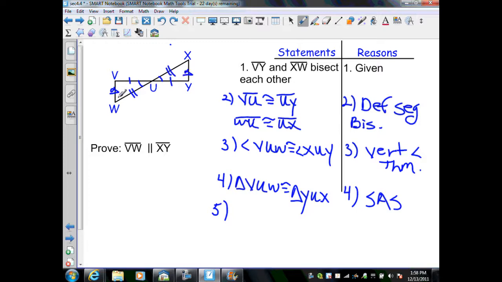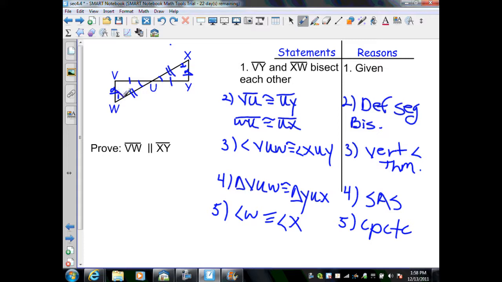I'm going to use angle 1, which is angle W, and angle 2, which is angle X. So I can state angle W is congruent to angle X. I also can state angle V is congruent to angle Y by CPCTC. Corresponding parts of congruent triangles are congruent.